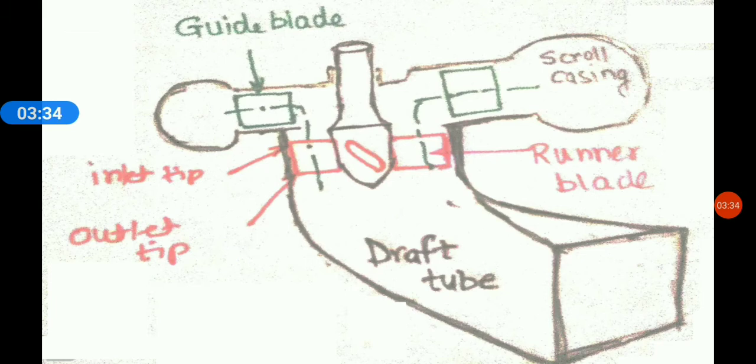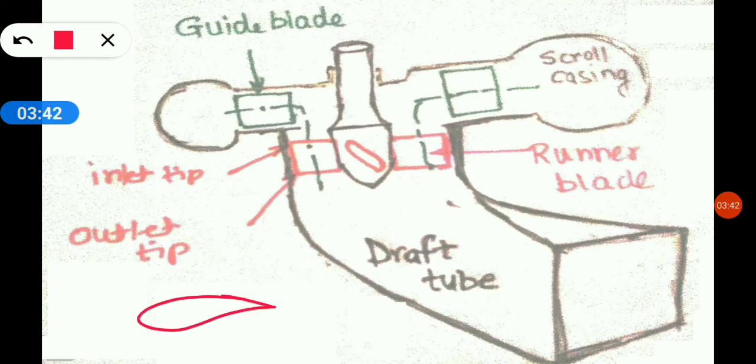But in case of twisted blades, right from one section to the last section, the blade angle is varying. So if here it is like this, here it might be like this. So it would be a twisted blade.